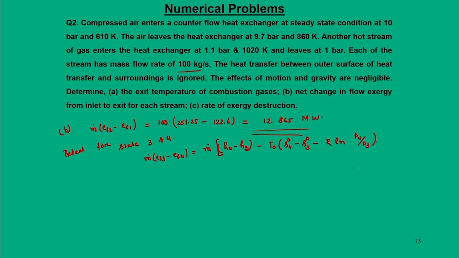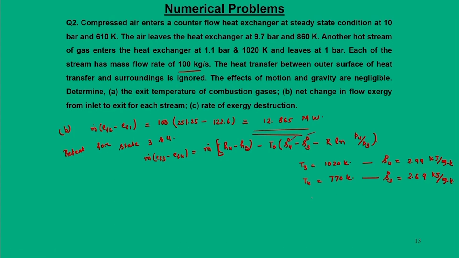So, data that is required is T 3, 1020 Kelvin, T 4, 770 Kelvin, corresponding entropy S 4, 2.99 kilojoule per kg Kelvin. S 3, corresponding entropy is 2.69 kilojoule per kg Kelvin. So, we know these numbers.